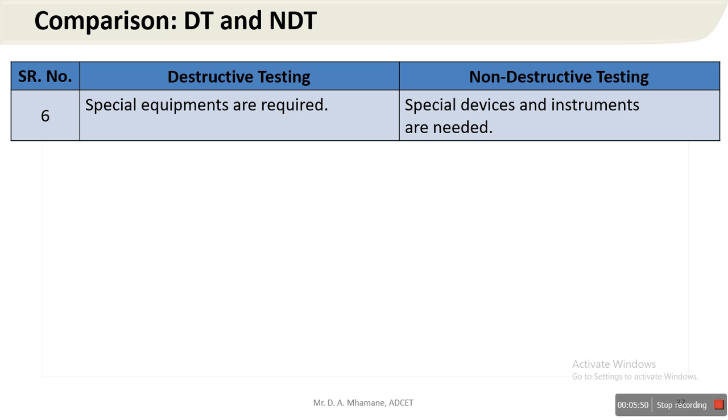But the same machine, a single special device, can be used for evaluation of any type of material. Means suppose in case of ultrasonic testing, the machine is the same, the device is the same. The same device can be applicable to evaluate different types of material. Or we can say in radiography testing, the principle is the same, the instrument is the same, but it is special one, no doubt about it, but a special attachment is not required.